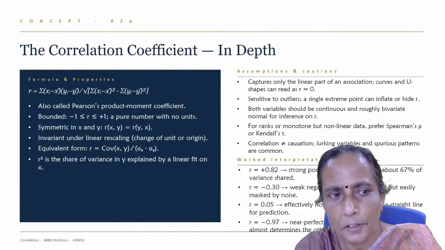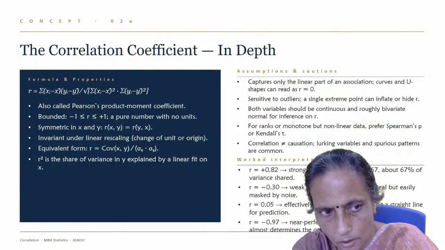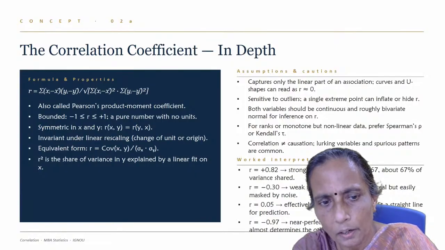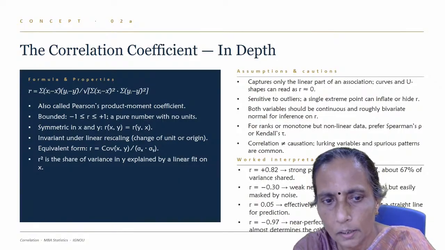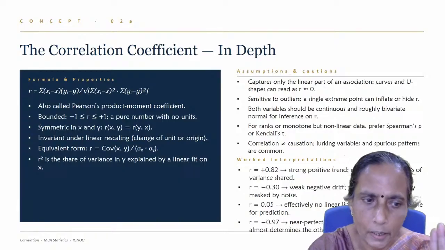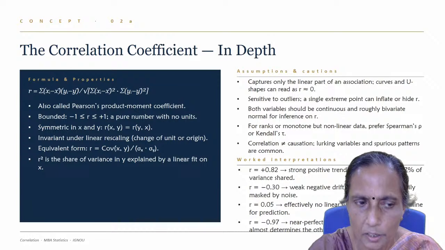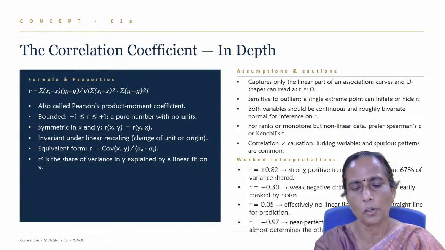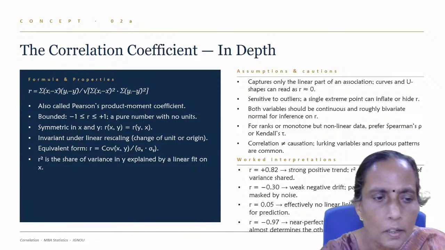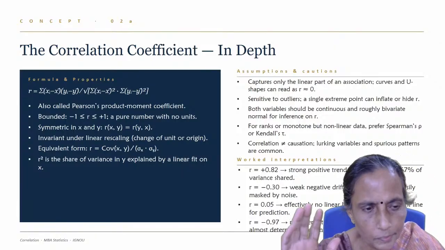That means whether you calculate the correlation between x and y or y and x, both are the same, rxy and ryx. It is invariant under linear rescaling, a change of unit or origin. If you change the unit or the origin, the correlation is invariant.